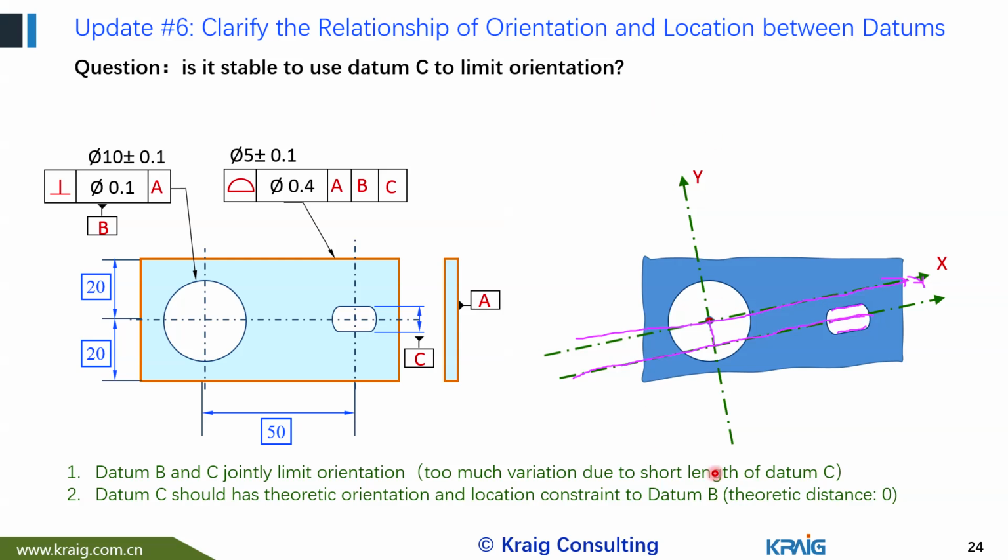The X and Y is not stable at all. So from common sense, you may think, hey, hold on, we cannot rely on this center plane to establish the X direction, right? It's too short. So mostly you would like to use datum B and C together to build your X axis. Okay, so how to do that?